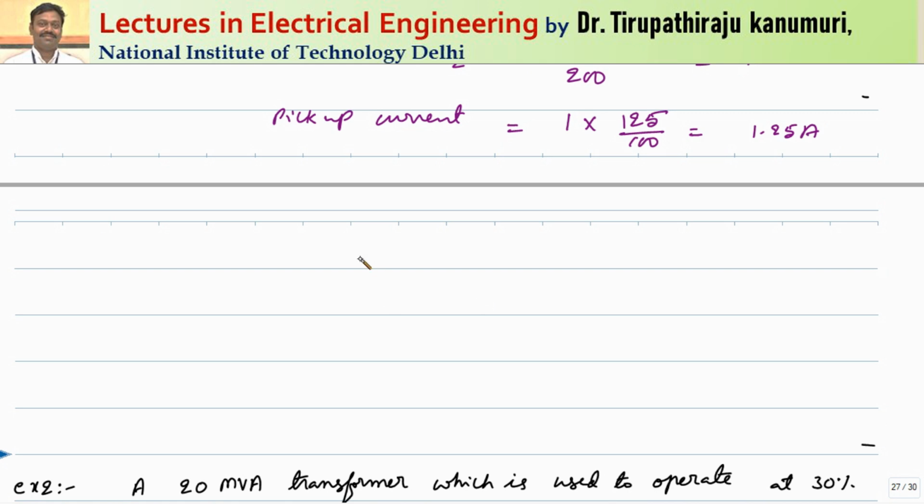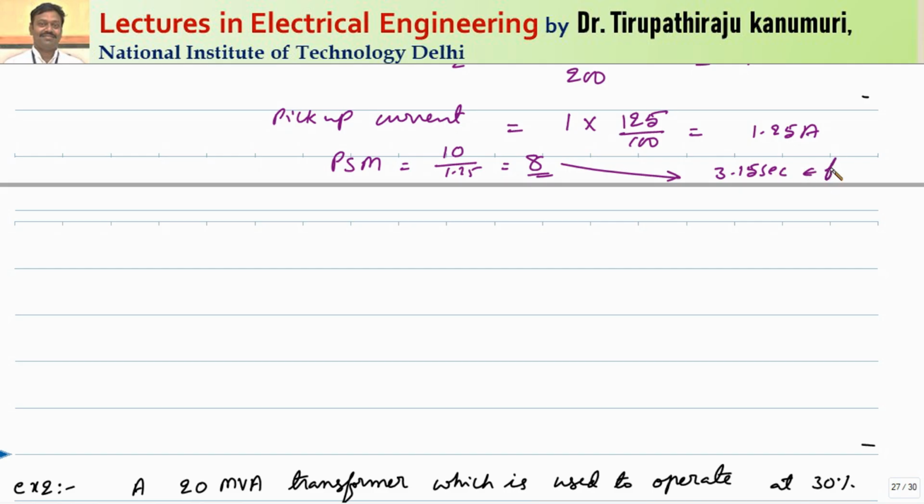From this I can calculate the value of PSM, the plug setting multiplier. The plug setting multiplier will be 10 divided by 1.25, which is equal to 8. Corresponding to this value of 8, if you see in your table, it corresponds to 3.15 seconds.